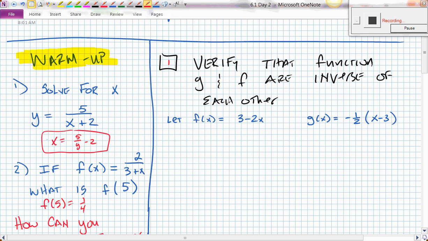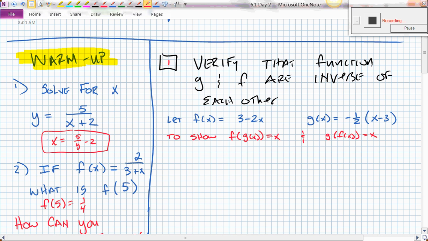To show that f and g are inverses of each other, you need to show that f of g of x is equal to x, and that g of f of x is equal to x.